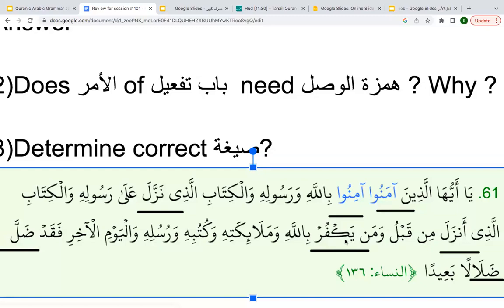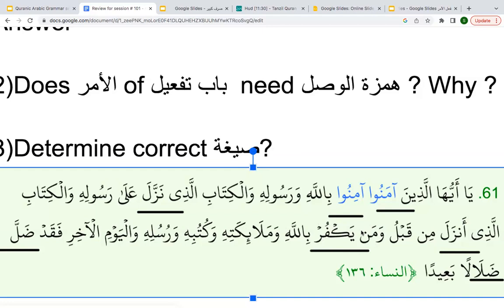So what is making this majzoom? Man. Yes, it is majzoom because it has a sukoon, but what made it majzoom was the man shartiya.